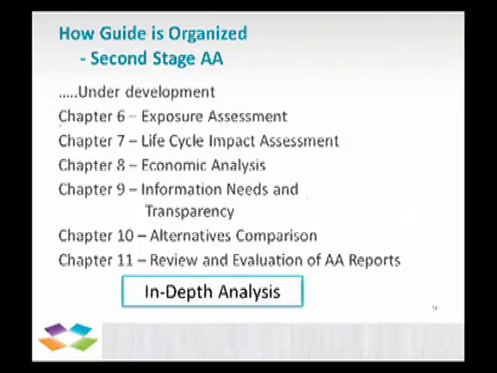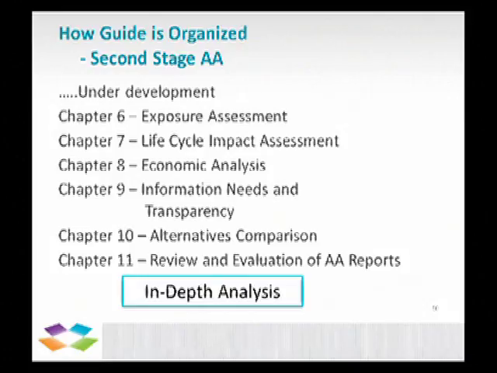And these are the chapters that will comprise the second stage AA. These are still under development and under internal review, and we expect that these chapters will be ready for public comments by spring of 2016.